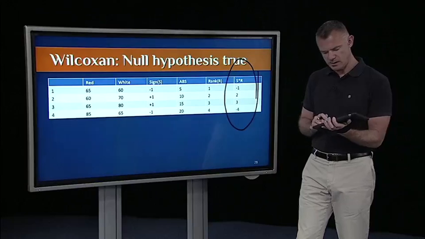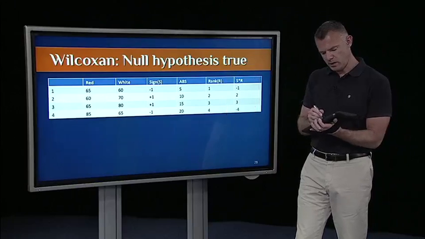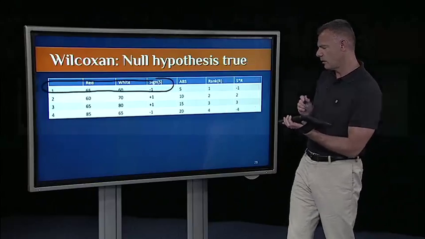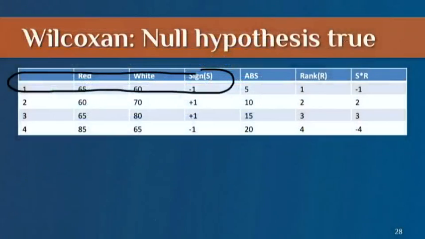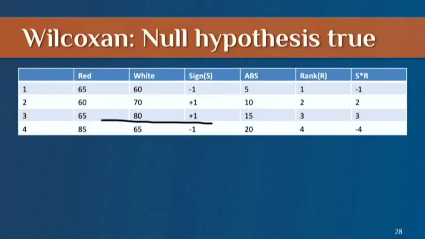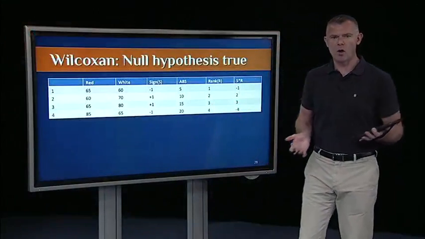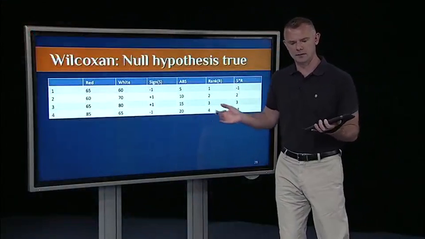Because you can see there's one, this rater rated the red greater than the white, as did this rater, but the two in the middle did the opposite. So there's no effect here. The reds were liked just as much as the whites overall across this little example.